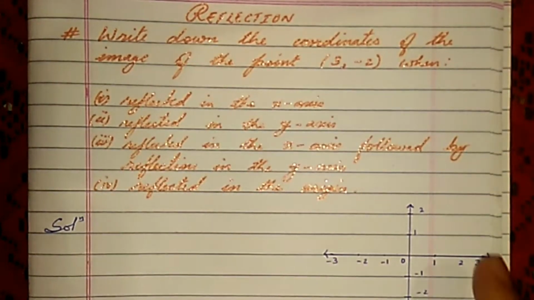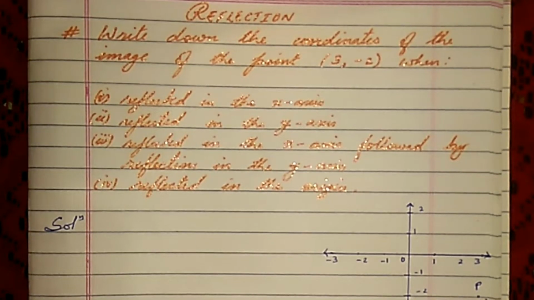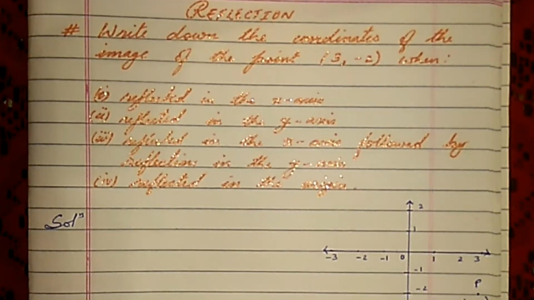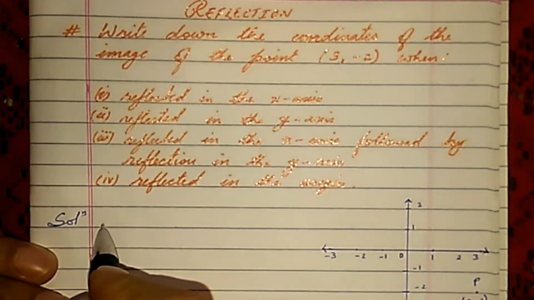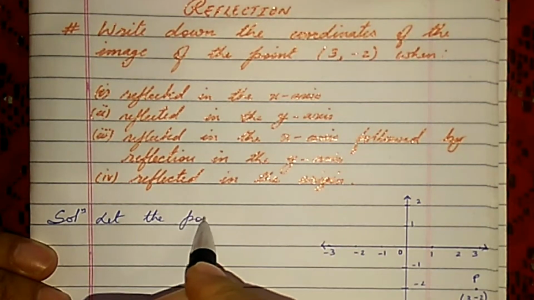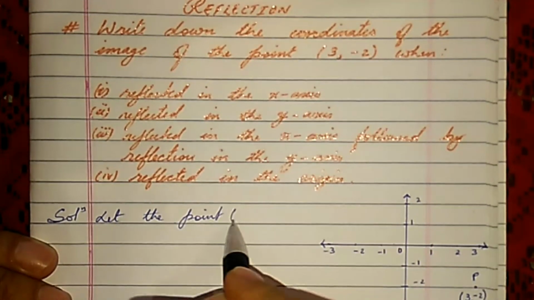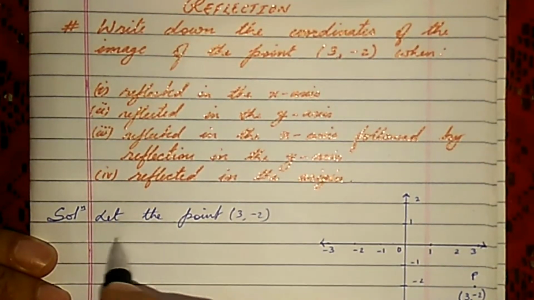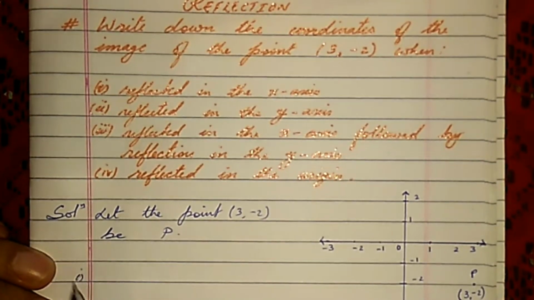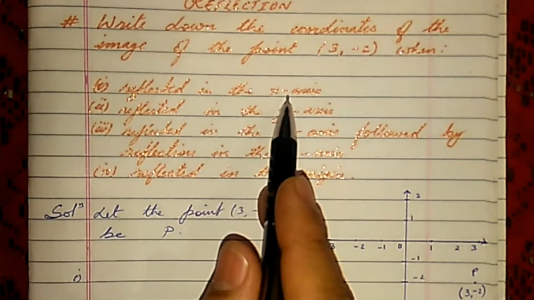Now I have drawn a Cartesian coordinate system and I have plotted the point P (3, -2). So we assume let the point be P (3, -2). Now number 1, reflected in the x-axis.